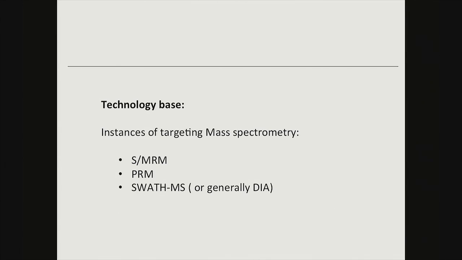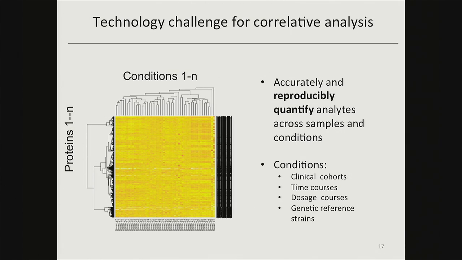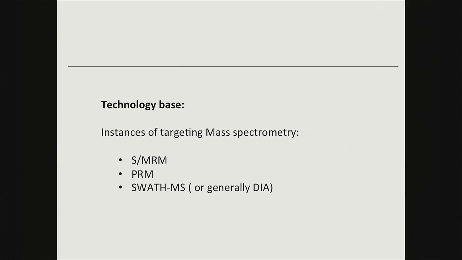These methods are not perfect yet, and they'll probably never be perfect, but they've made a lot of progress towards the creation of data sets where dozens to hundreds of conditions can be used to quantify proteins. And this matrix is the basis for these association studies. So what are the conditions? This could be clinical cohorts, time courses, dosage courses, genetic reference strains, and so on.